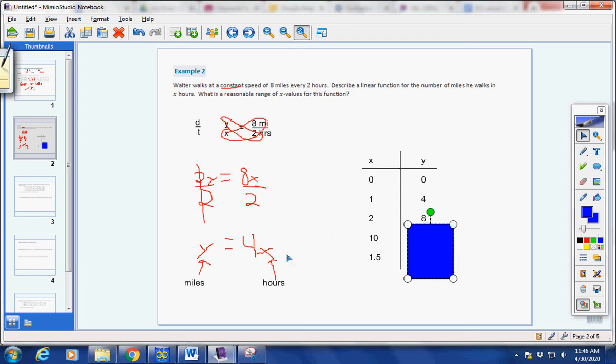We could pick 10. 10 times 4 would be 40. What if it was 1.5? There's nothing saying that we can't walk for a partial hour. And so if we did 1.5 times 4, we'd get 6. Okay, so a lot of what we've already been working on is linear functions. We were just talking about it in terms of proportionality.